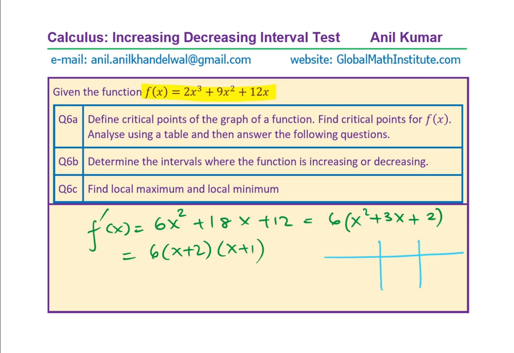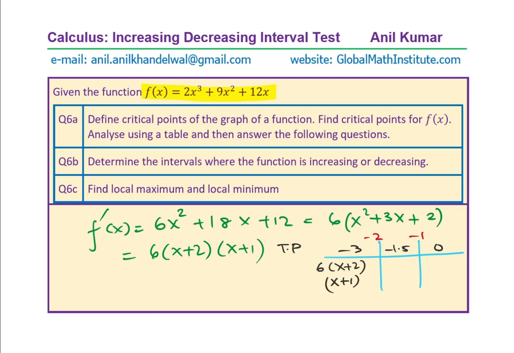So we'll make this table, and critical numbers are minus 2 and minus 1. Take test points. As minus 3, you can say minus 1.5, and you can take 0 here, right? So 6 is a constant. Anyway, you can write 6 with any number, x plus 2, and then x plus 1, right?